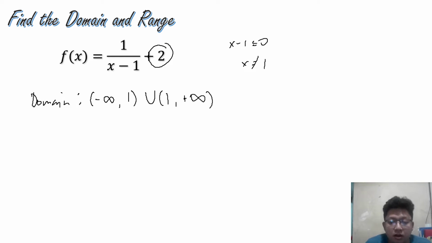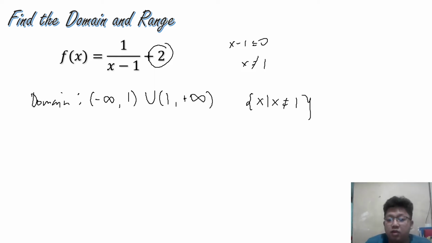So we can answer it this way. Or maybe you can say that the value of x can be all real numbers except for 1. Or you can do this also: x such that x is not equal to 1.